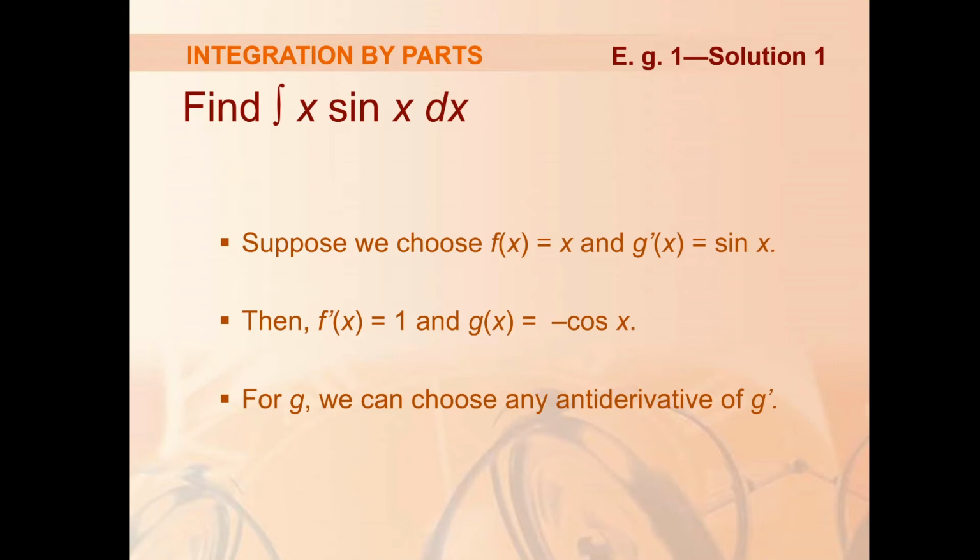Here's one of the examples. Suppose we choose f of x equals x, and g prime of x is sine of x. The reason we choose f of x as x is that we want to reduce the power to the lowest term once we take the derivative. So f prime of x equals 1, and g of x, once you integrate it, is negative cosine of x.